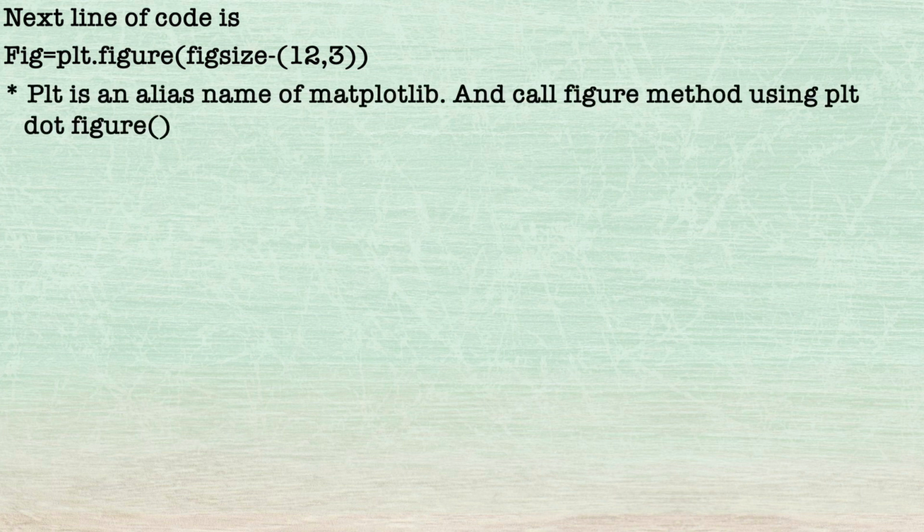The next line of the code is fig equal to plt dot figure, figsize 12,3. The plt is an alias name of matplotlib, as we have already discussed, and it calls the figure method using plt.figure.